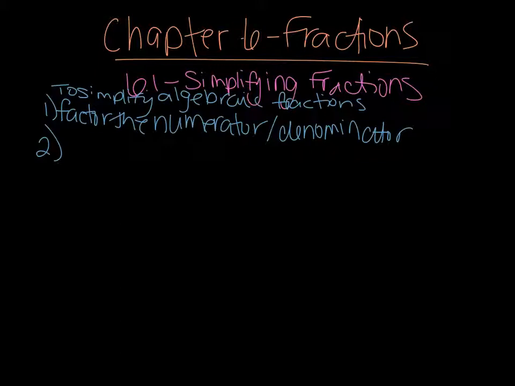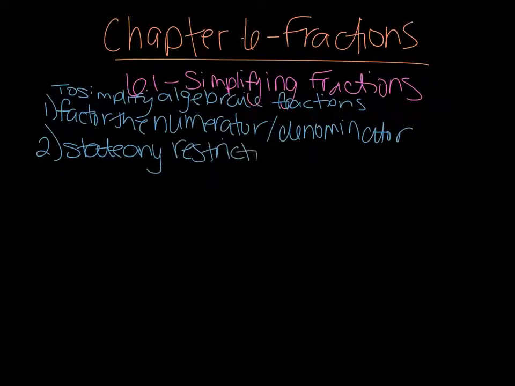Okay? The second step, think about this. We did this last chapter, and we noticed that we had some variables in the denominator, and that caused problems. Why? We had to state restrictions, right? Because sometimes a certain value of my variable would make the denominator 0, and that was really important because my denominator can't be 0. So after it's factored, we're going to look at the denominator, and we're going to state any restrictions.